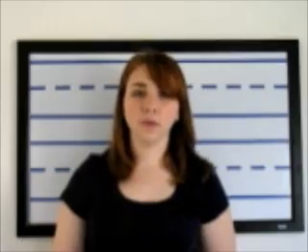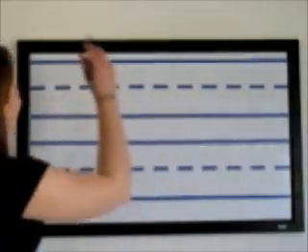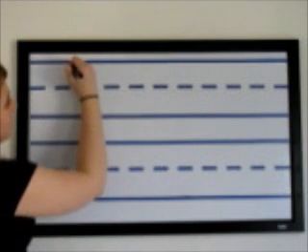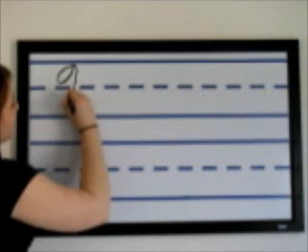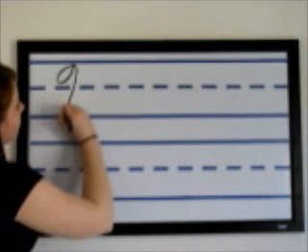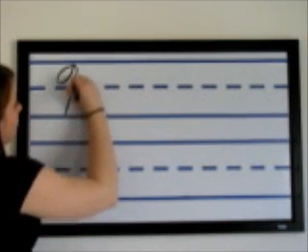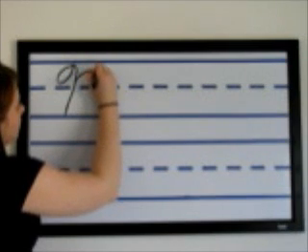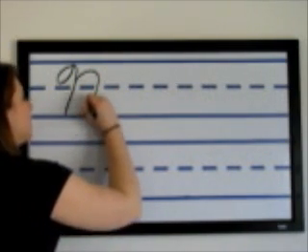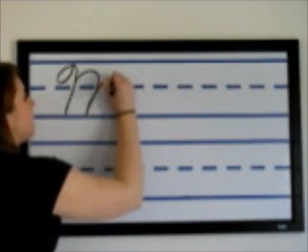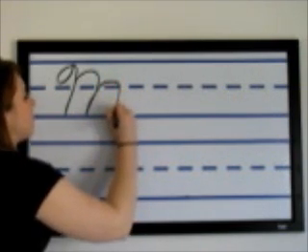Okay, so let's put our capital letter M and our lowercase letter m together. So, remember, we're going to start at the top line, make a loop down, bring the line down to the bottom line, go up and retrace it, make a rounded top, down to the bottom, retrace, not quite as high, make a rounded top, back down.